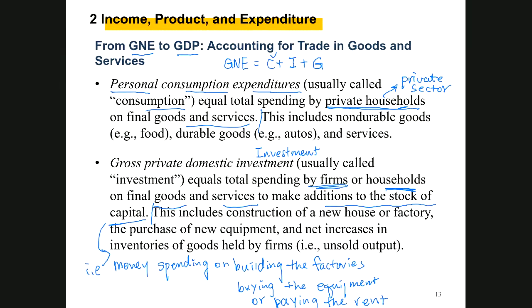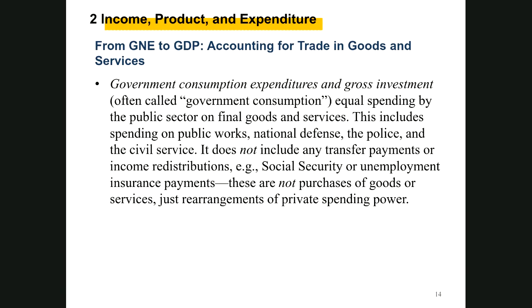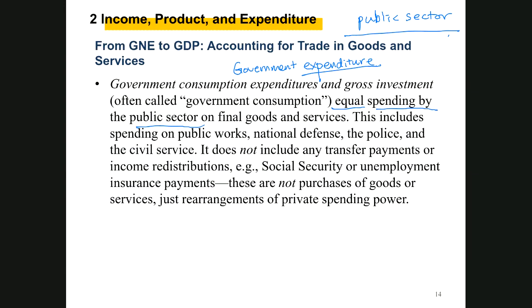Okay, and lastly, it's the government expenditure. Unlike consumption, government expenditure is in the public sector, right? So what is government expenditure? It equals the spending by the public sector on final goods and services.